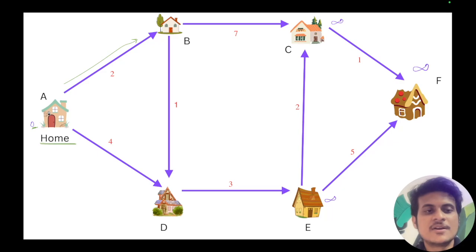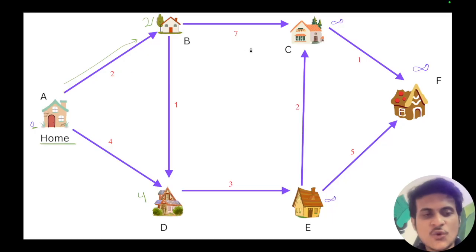Now we will see which other vertices this source is connected to. As you can see, A is connected to B and D. So we will set the distance of B as 2, and D as 4.